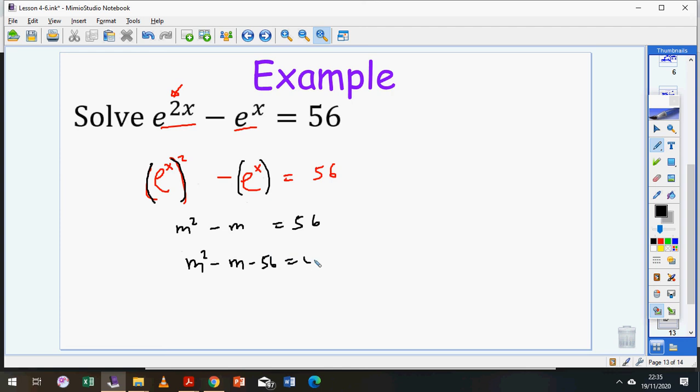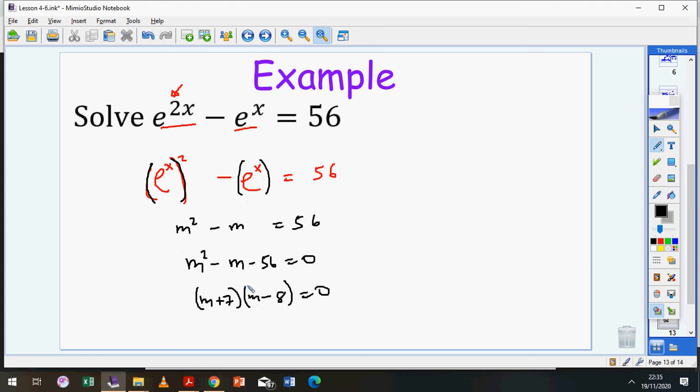I think the factors for these are 7 and 8. Yeah, 7 and 8. So it will be m minus 7, m plus 8 equals 0. But if this is negative, the 8 has to be negative. Alright, m minus 8 is equal to 0. You can do the factorization on your own.